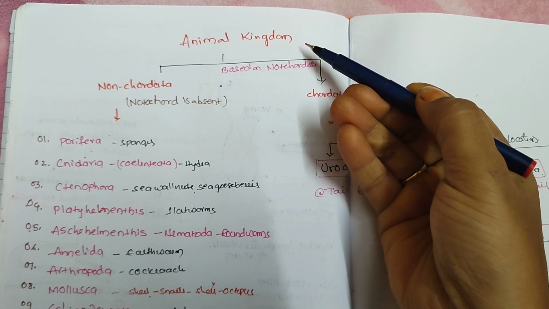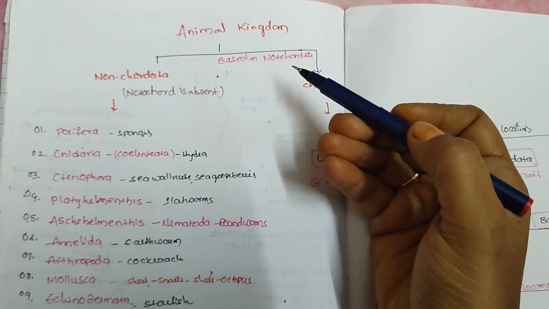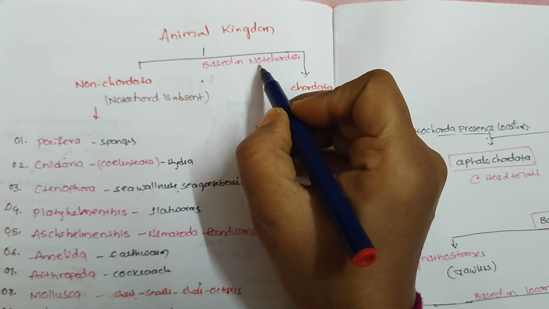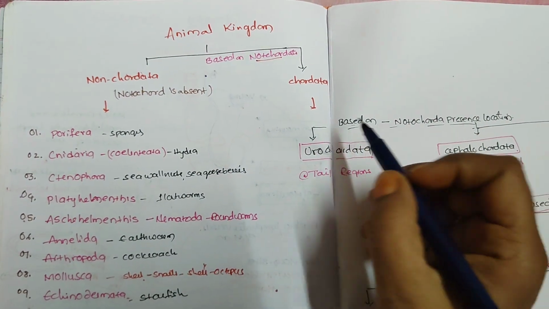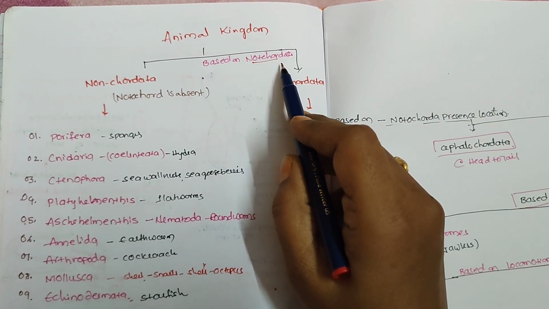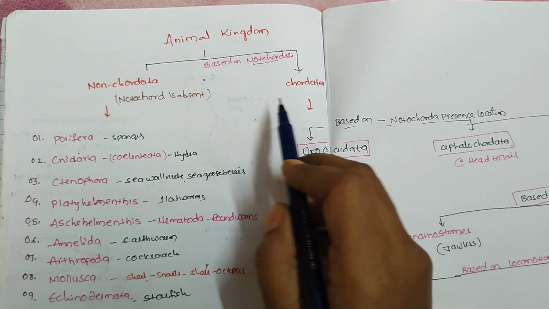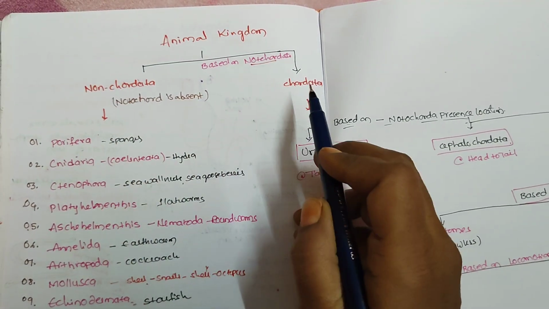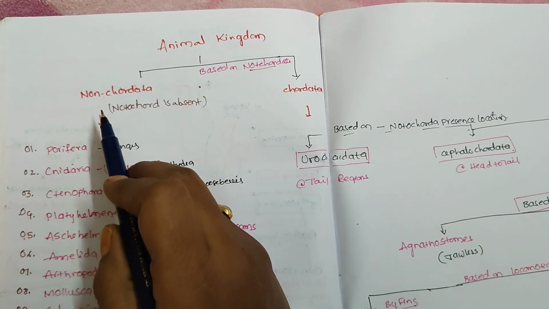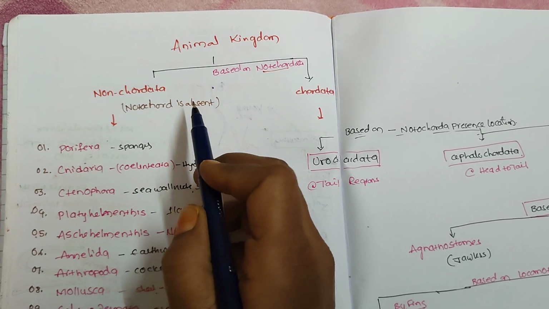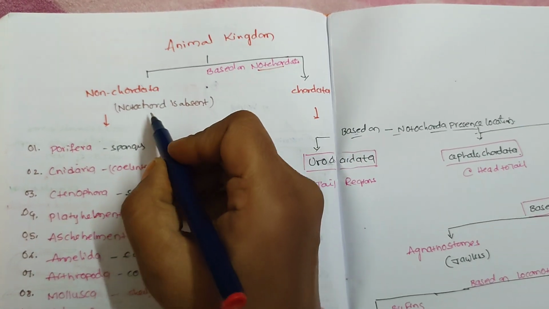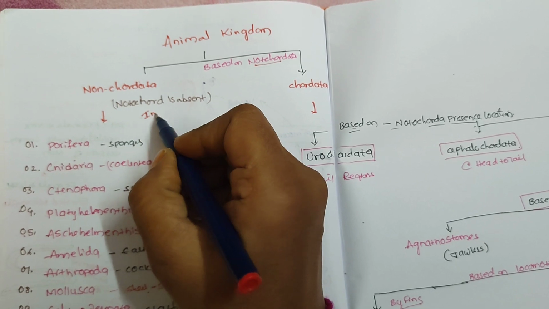In the animal kingdom, the main classification is of 2 types, based on the presence of notochord. Based on the presence of notochord, the total animal kingdom is divided into 2 types, non-chordate and chordate. Non-chordate means the notochord is absent; it is also called invertebrates.